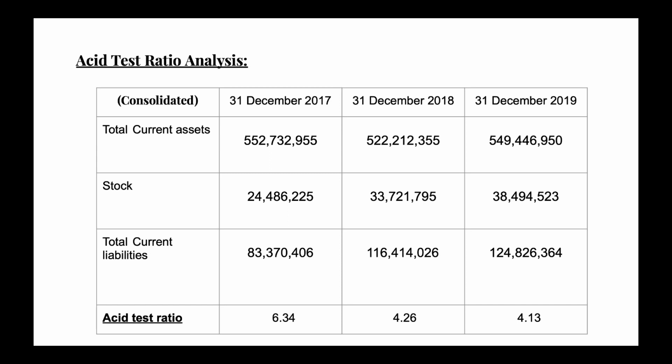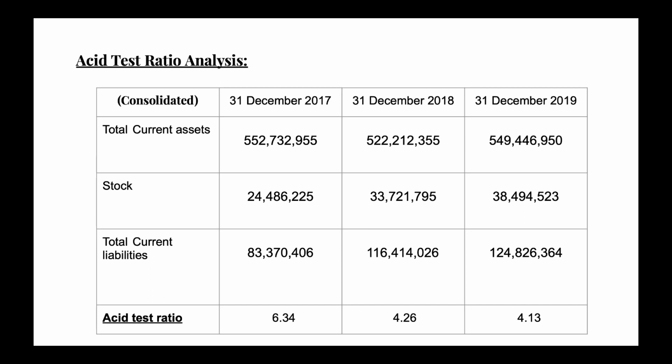So let's see that in general, a business needs to target a higher ratio, even though the accounting recommended a ratio of at least 1 to 1, but After you had higher than this, so these are the liquid funds available without selling the stock.